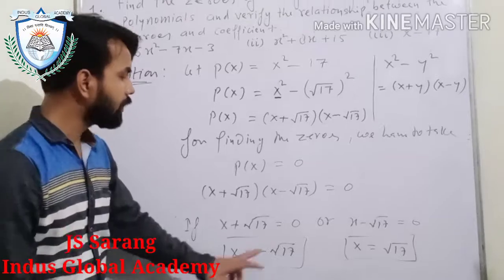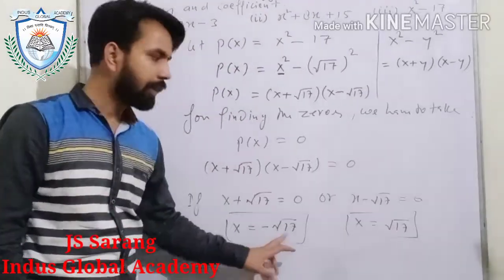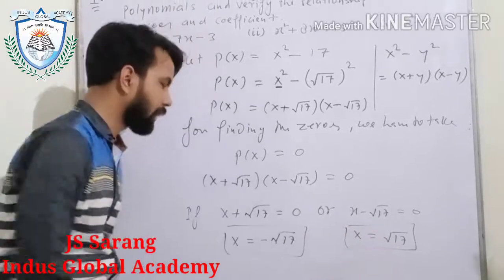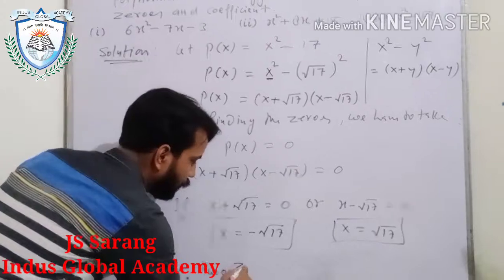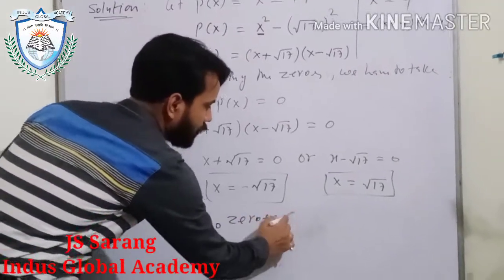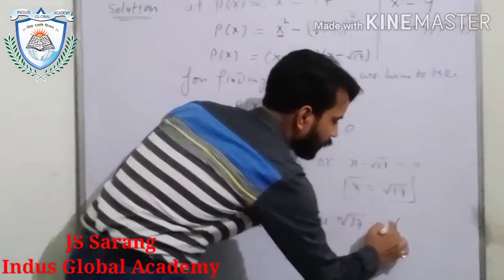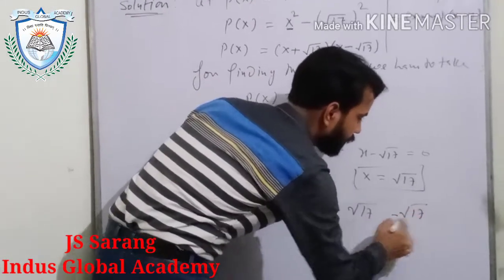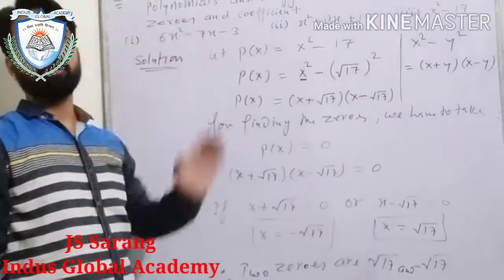So hence the two zeros of this polynomial are minus root 17 and positive root 17. So these are the two zeros of this polynomial.